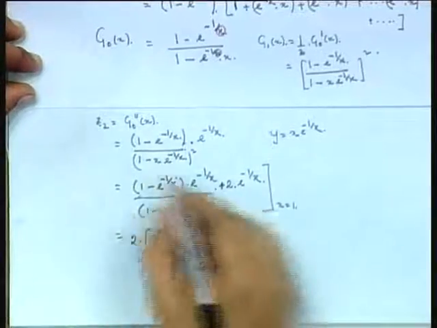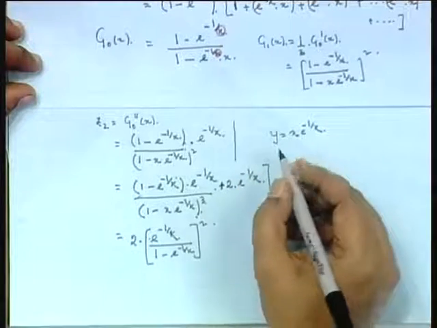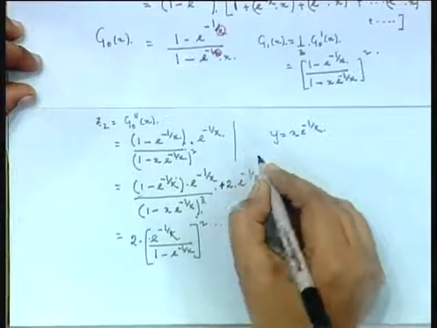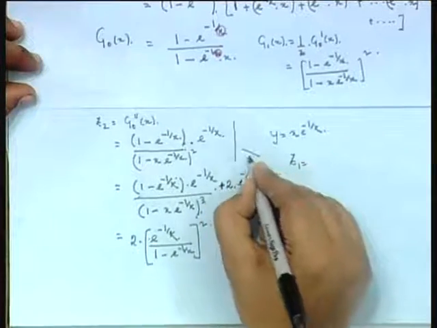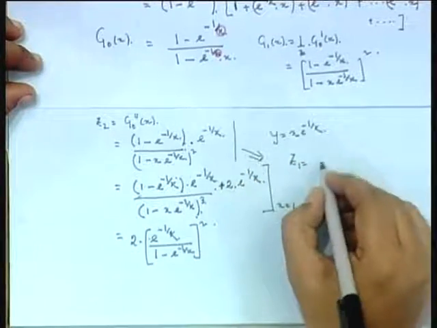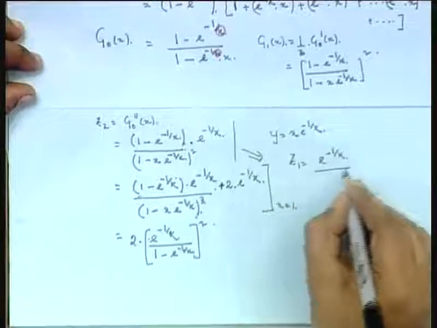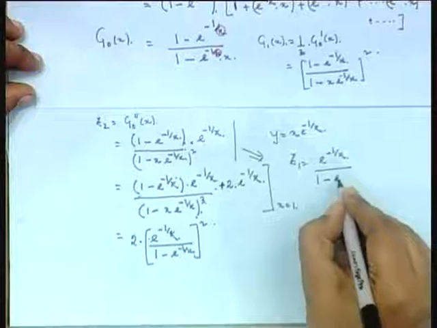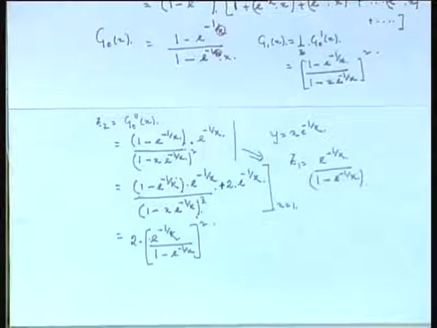Okay. So, from this, just for your sake, we can also try to write z1. Z1 from this you can directly get, which is e to the power 1 minus kappa, 1 minus e to the power 1 minus kappa. Okay.